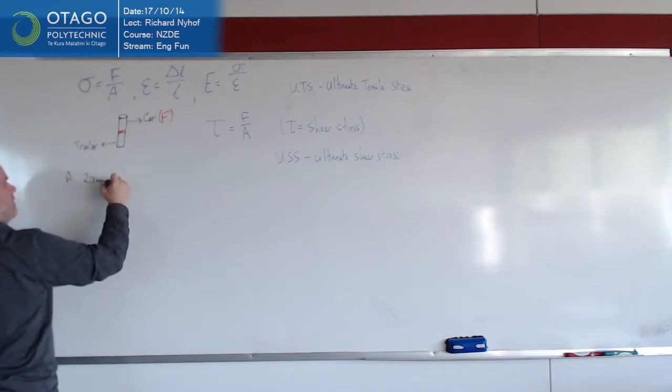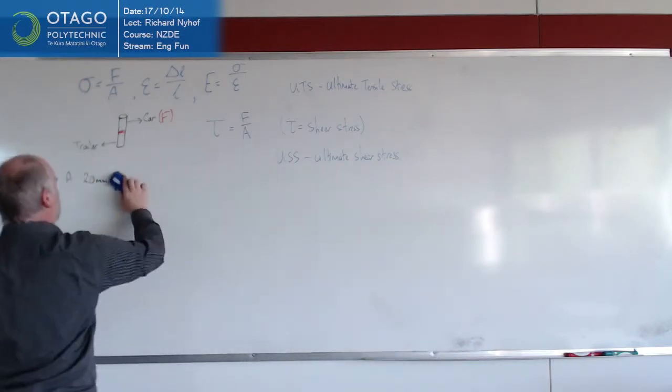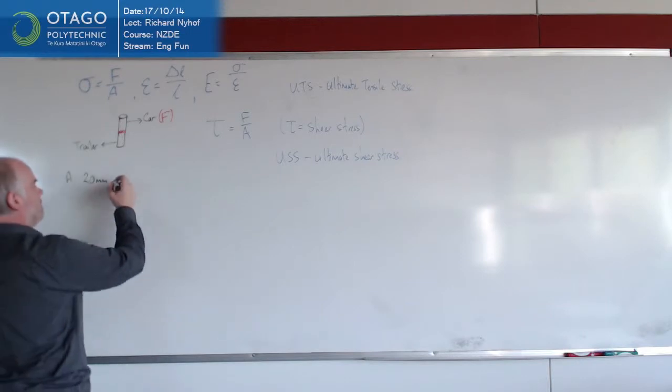Okay, so we could have an example where, looking at this situation, a 20 millimeter pin, 20 millimeter diameter. I need to determine what it is. The 20 millimeters could be the length, a radius, so diameter.